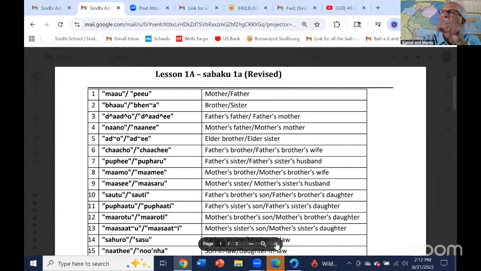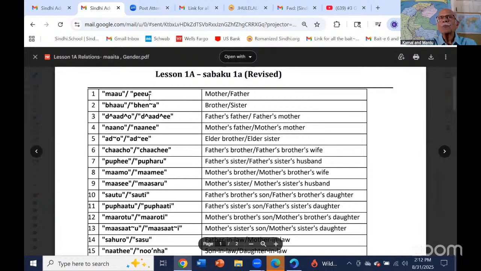Unlike that, in Sindhi, every relationship has got a name. And again, singular and plural. So I have got this example for you. If you have already printed it out and kept the sheet in front of you, I'll quickly run through this and tell you how every relationship in the Sindhi language has got a specific name.